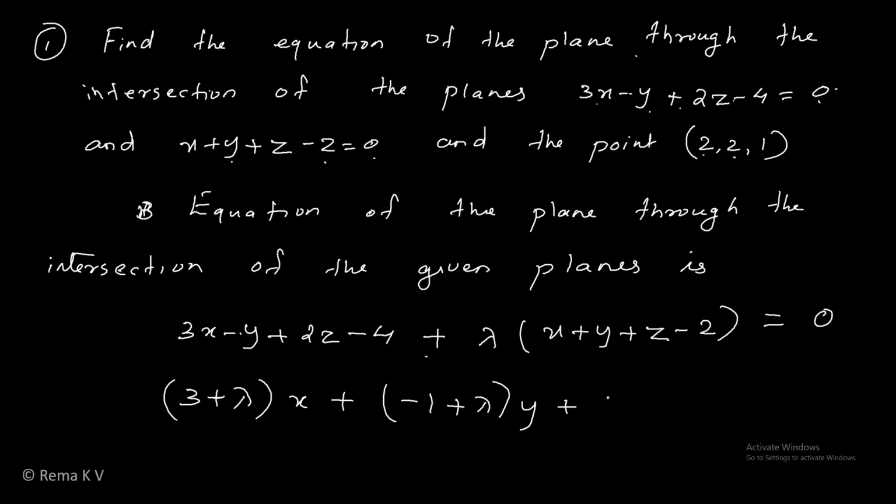So we can write it as 2 plus lambda z. Then constant terms are minus 4 minus 2 lambda equal to 0. Is this step clear?